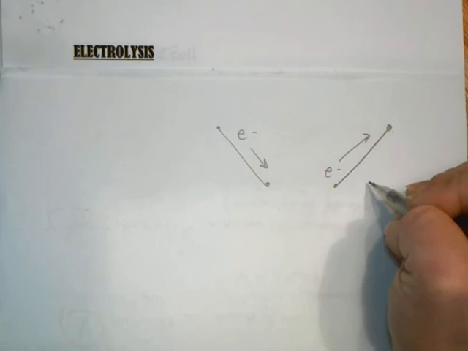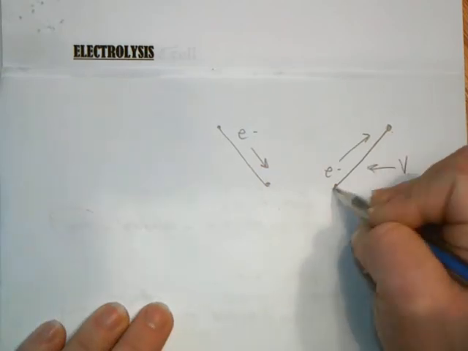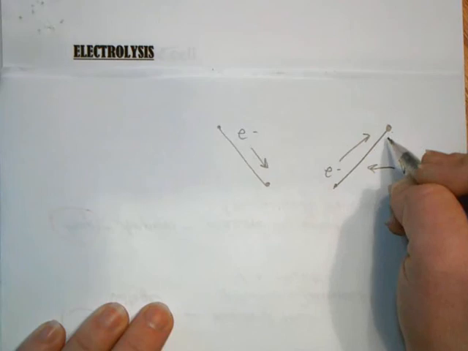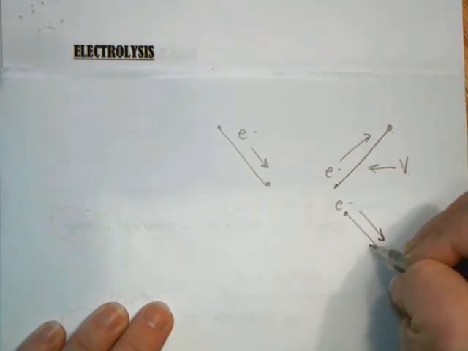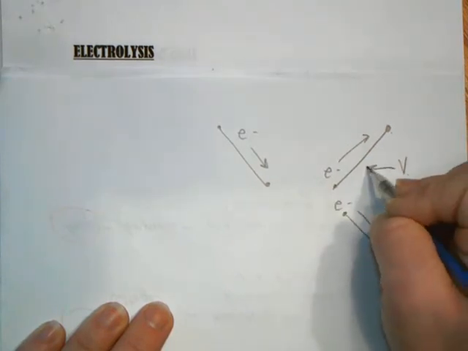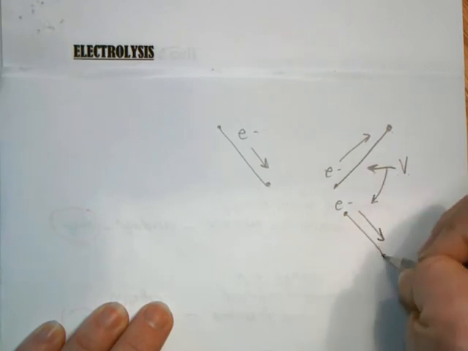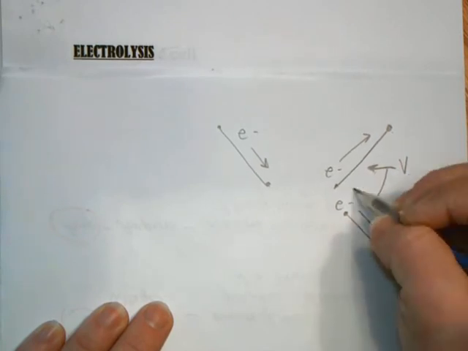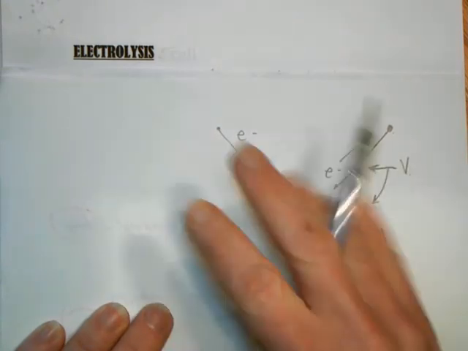But if we ourselves insert a voltage, we can turn an uphill into a downhill, and then electrons will flow. So the voltage being inserted actually reverses the hill, if you will, making it a downward slope, and electrons will flow. So that is the goal of electrolysis.